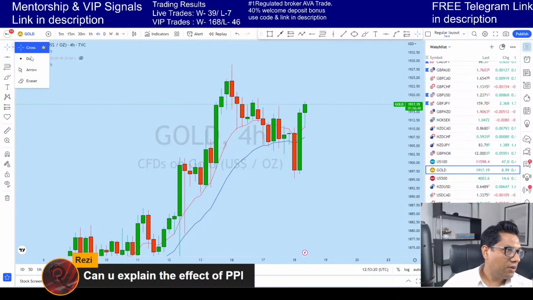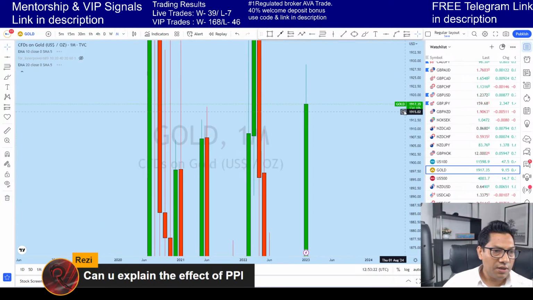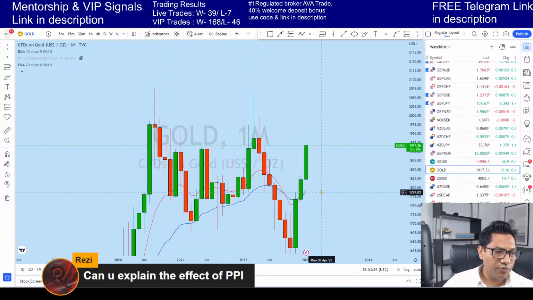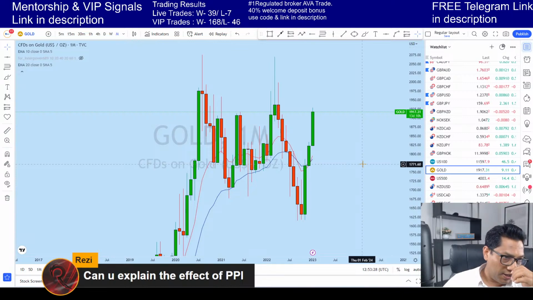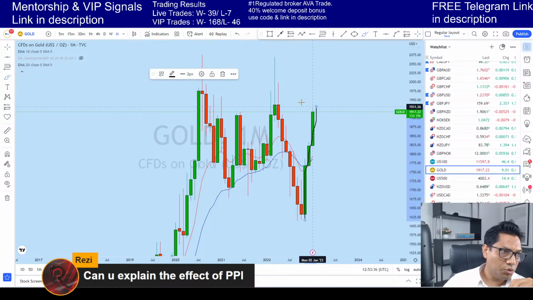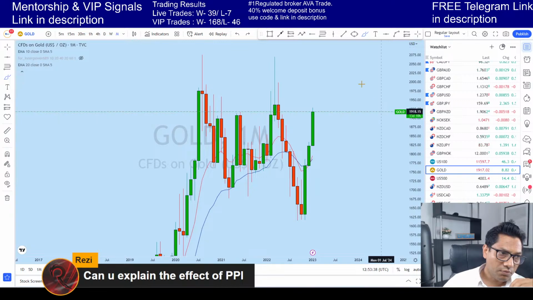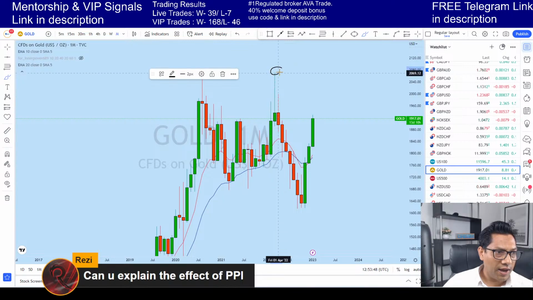Let's look at the monthly perspective. First of all, from the monthly point of view, gold is in a long-term bull market, no doubt about it. Starting from here, a big bullish move happened, and I think this market still has a high probability to go higher, and it could even create a long wick candle like that.